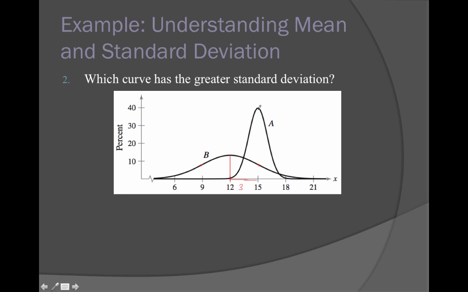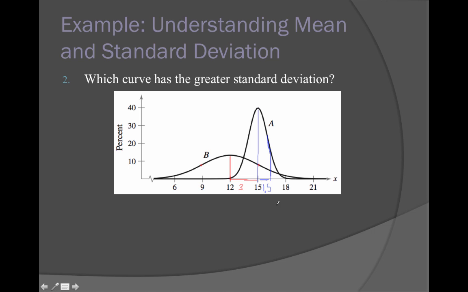Curve A has a mean of 15, with an inflection point roughly about here, and that looks like it's probably going to be maybe 1.5, so a standard deviation of 1.5. I'm just guesstimating here, guys. It's not an exact science, because right now all we're trying to do is figure out which curve has the greater standard deviation.